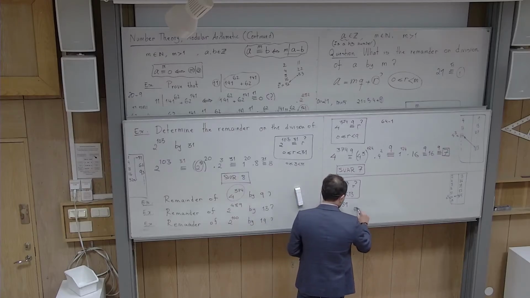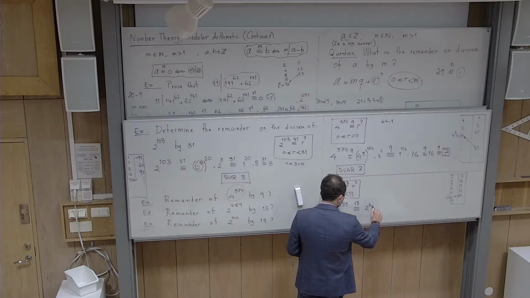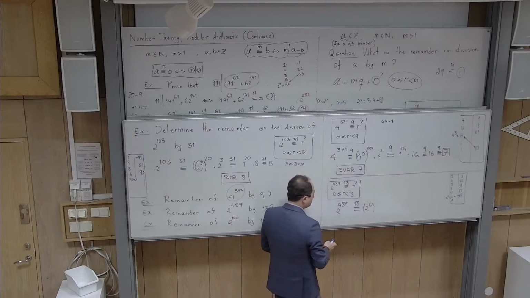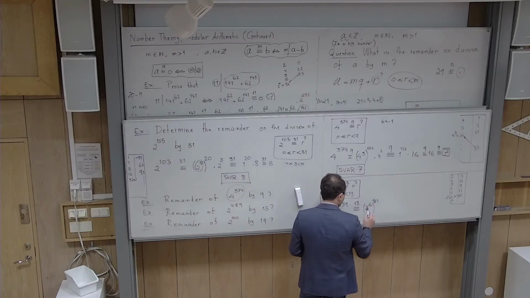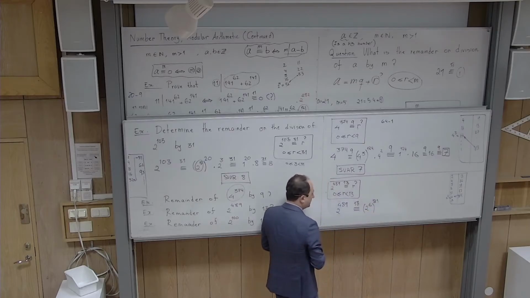And then I would say that I have to write it in a way that I see 2 to power 6 in front of me. So what I should write, I would write 2 to power 6, but I need 489. So into which power should I raise it? 81. Do you agree? Because 6 times 81 is 486.